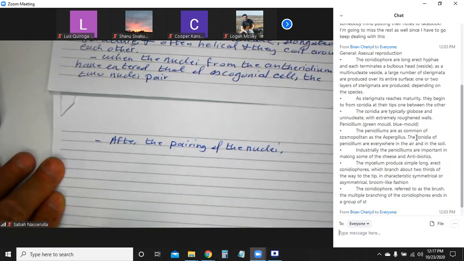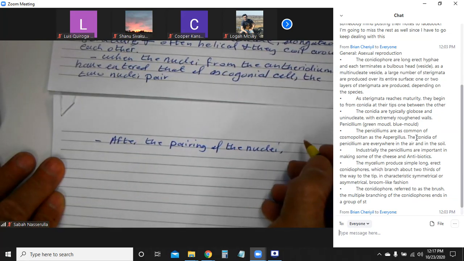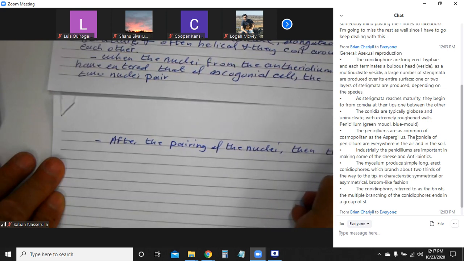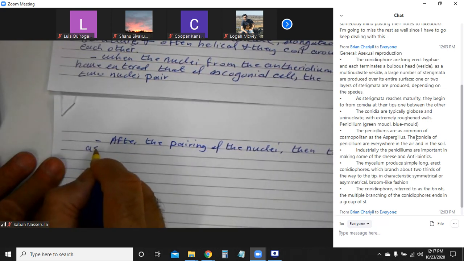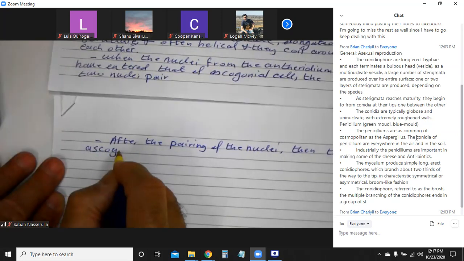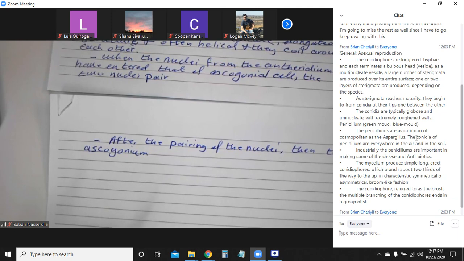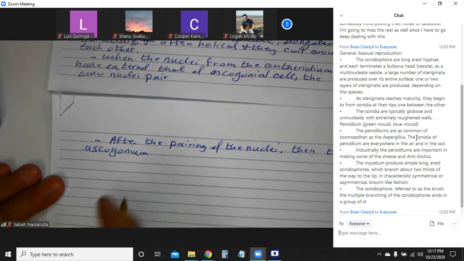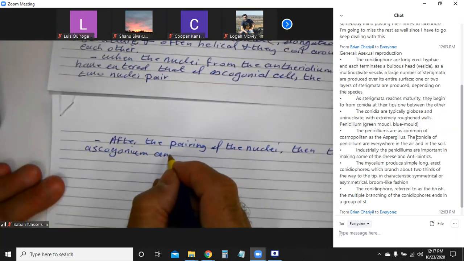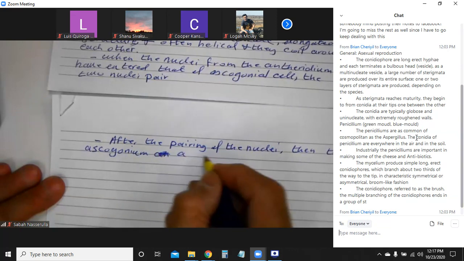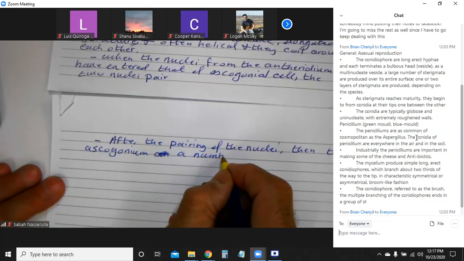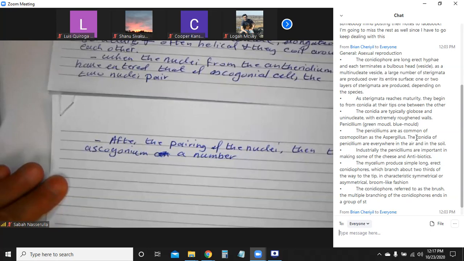Then the ascogonium produces many hyphae. Okay, to mention here. Then the ascogonium produces a number of ascogenous hyphae.